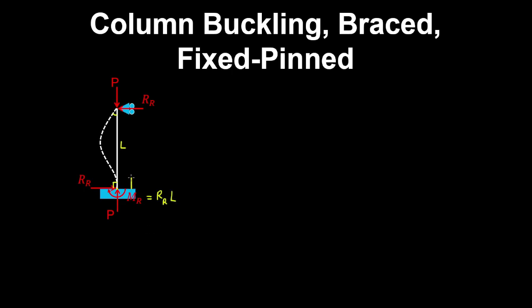And here we take our x coordinate in this direction, and taking a free body of the bottom of this column, when it's in unstable equilibrium, we have a shear force and a bending moment.